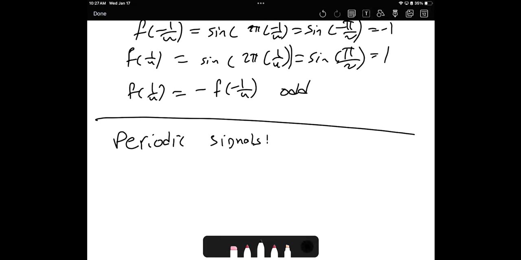Periodic signals. What does periodic signal mean? And how can we know the signal is periodic?